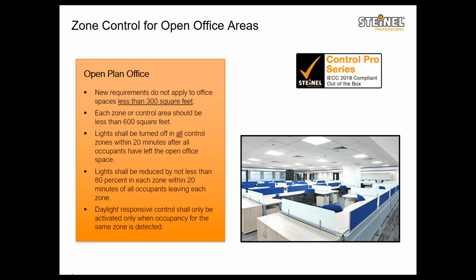Now, as per the new code, any office space larger than 300 square feet should be divided into zones of not larger than 600 square feet. Again, the code does not specify how you want to create these zones. It's just that you can't have zones with an area more than 600 square feet.